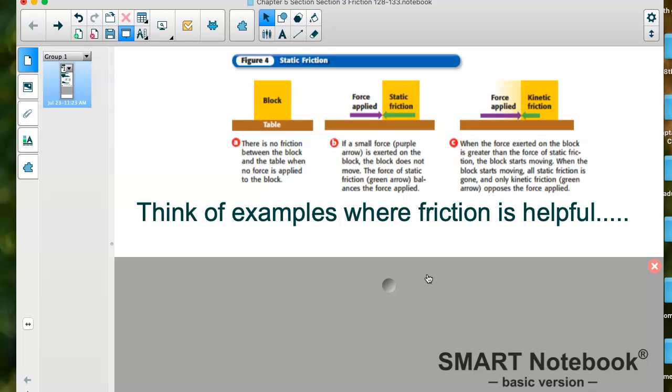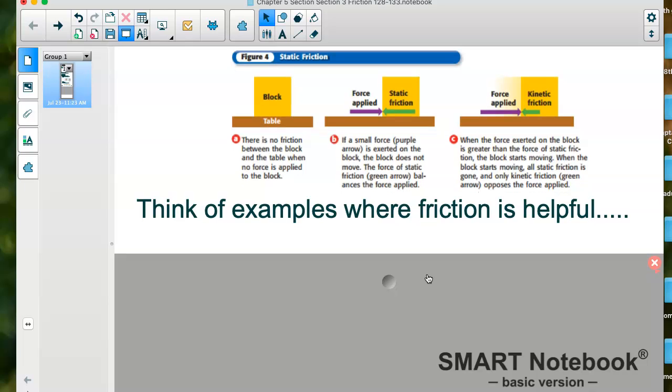So in the wintertime, think about when the roads are icy. That means there's less friction. So what do we do, right? We put sand on the road to get friction. We even put salt on the sidewalk, which actually has two purposes, right? It helps us melt the ice, but it also creates friction for us to be able to stay upright. And so we also sometimes put snow tires on that have chains on our tires, or more rivets on our tires, because we want more friction.